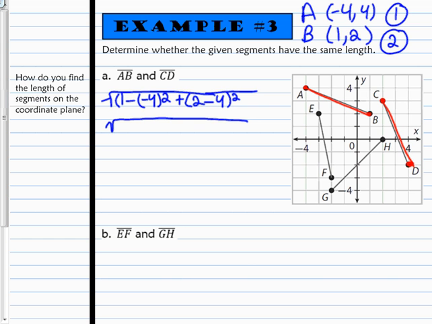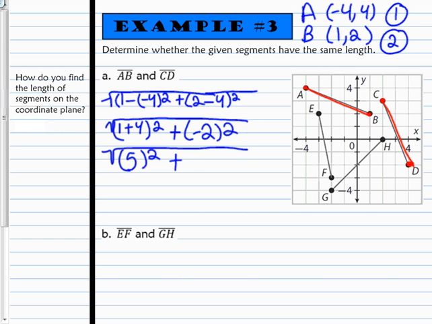Square root of 1 plus 4 squared plus 2 minus 4 is -2 squared. Square root of 1 plus 4 is 5 squared, plus -2 squared is 4, because -2 times -2 is 4.